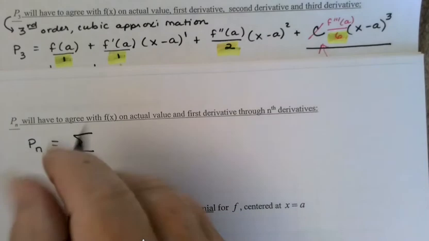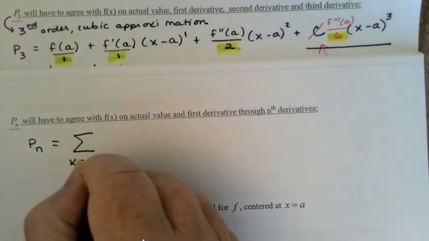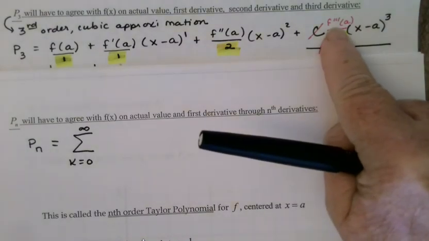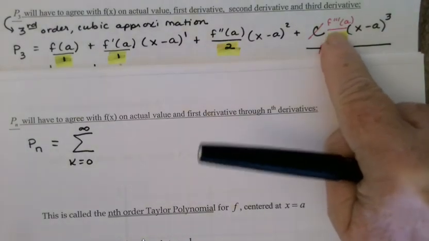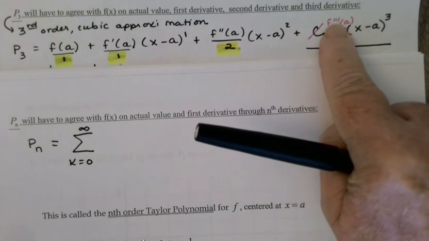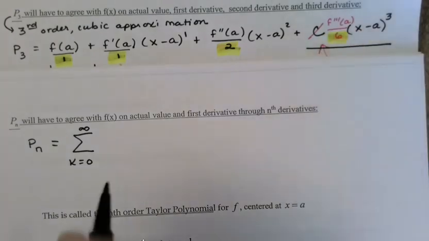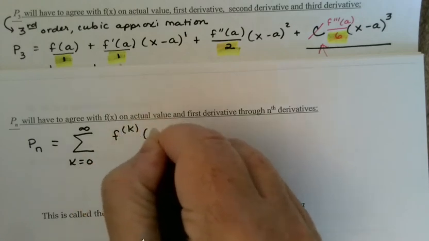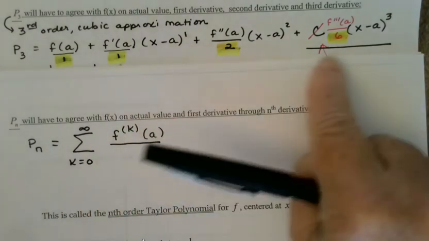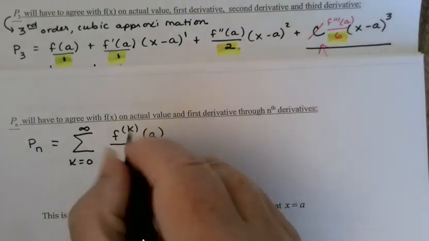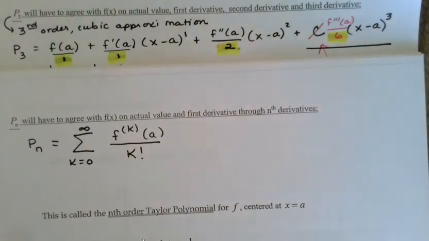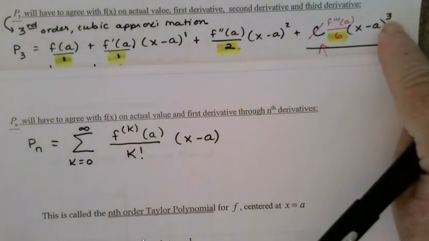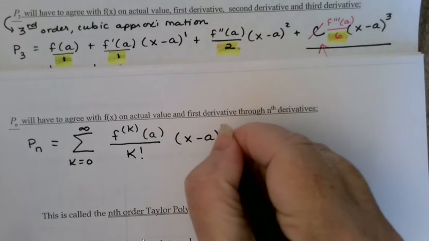First of all, if we take k going from 0 to infinity, this is going to be the kth derivative. This would be the k equal 3 term, right? So that would be the kth derivative evaluated at a. The denominator is the factorial over k factorial times x minus a to the k power.